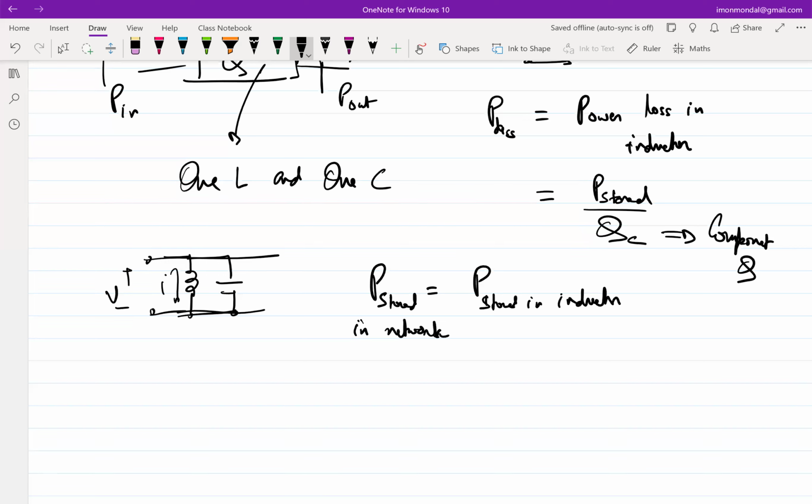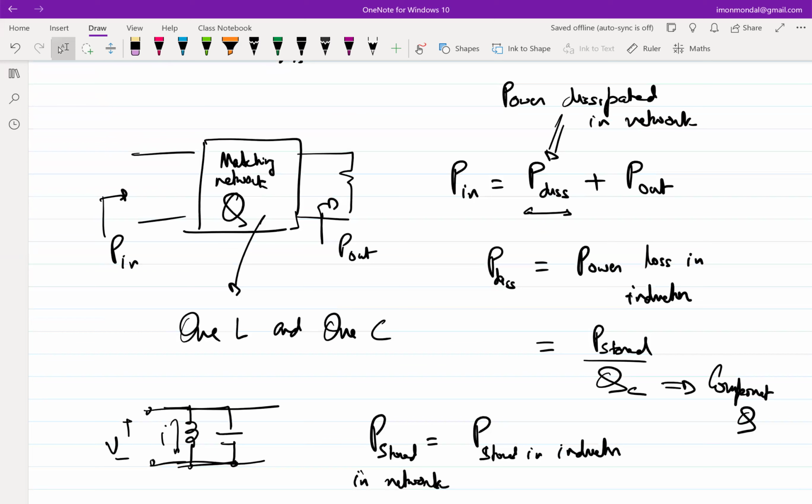So essentially, your power dissipated is equal to power stored in the network by Q of the component. So in terms of the Q factor of the network, what is the power stored in the network? Now I'm making another assumption here. I'm assuming that the power loss in the network is negligible with respect to the power dissipated at port 2. That's anyway the goal.